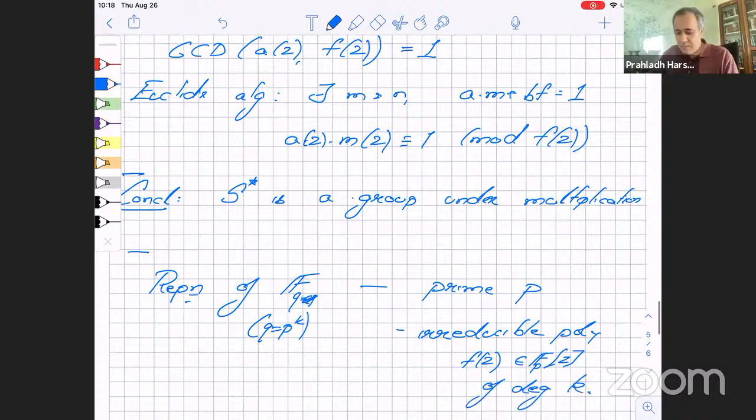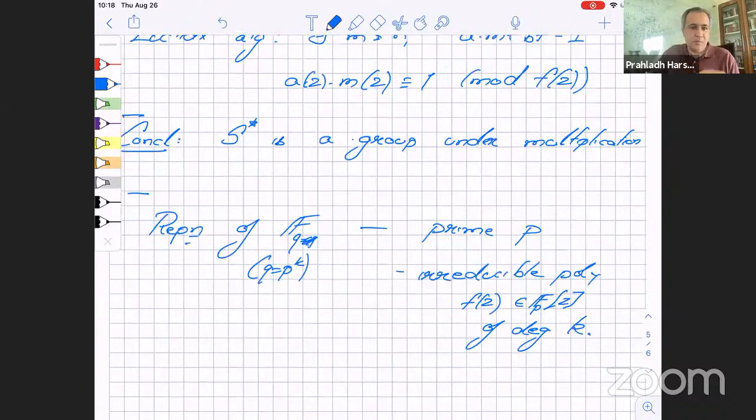When I say given a finite field, it just means this: I give you p and I give you this irreducible polynomial.